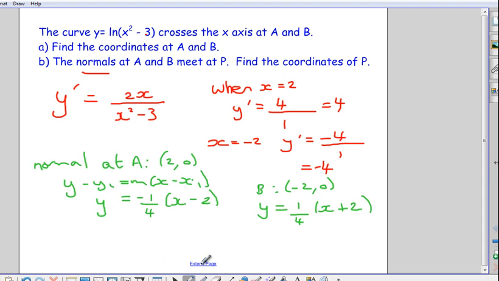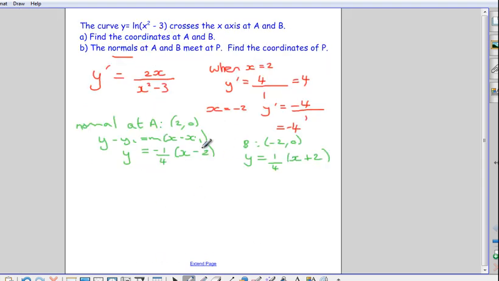And now we're asked to find where these meet. They meet at P, so we just need to put them equal to each other and find the x value. So when they're equal to each other, you'll have minus 1 quarter, x minus 2, is equal to 1 quarter, x plus 2. Let's change pen. So the first thing I'm going to do is multiply by 4.